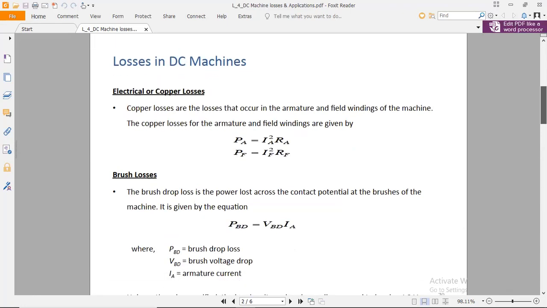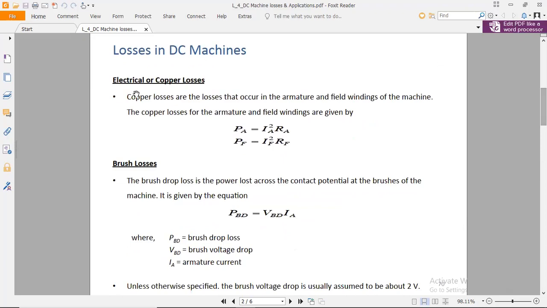Losses in DC machines: electrical or copper losses. Copper losses are the losses that occur in the armature and field windings of the machine.